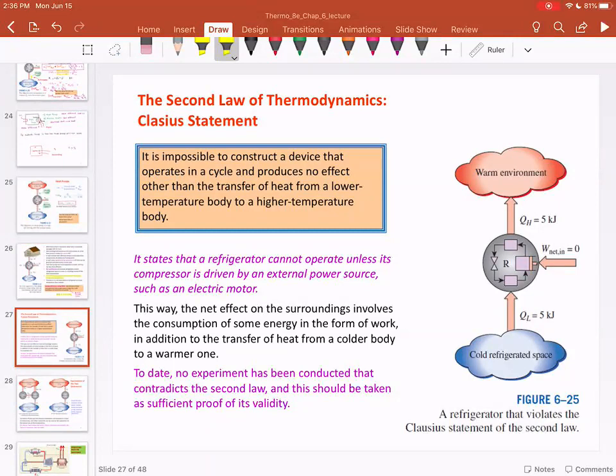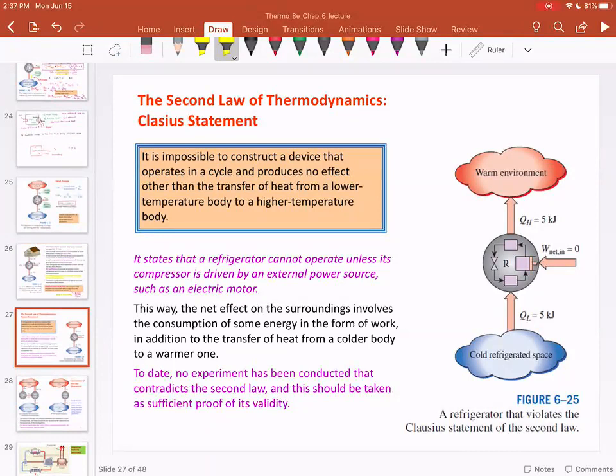It's impossible to construct a device that operates in a cycle and produces no effect other than the transfer of heat from a low temperature to a high temperature.